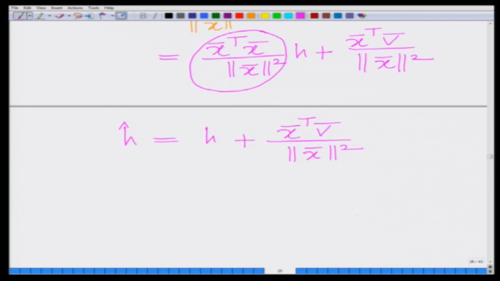Okay. So, what we have demonstrated, simplifying the expression for the maximum likelihood channel estimate, is that h hat, the estimate of the channel coefficient h, equals h plus x bar transpose v bar divided by norm x bar square, where x bar is the pilot vector and v bar is the noise vector.